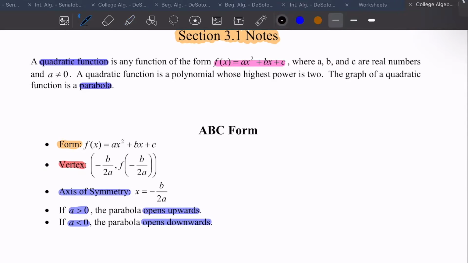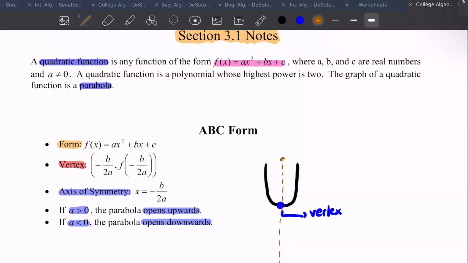If you have something that looks like this as a parabola, they'll look like U's. Let me draw it again. Here would be your vertex, and here would be your axis of symmetry.